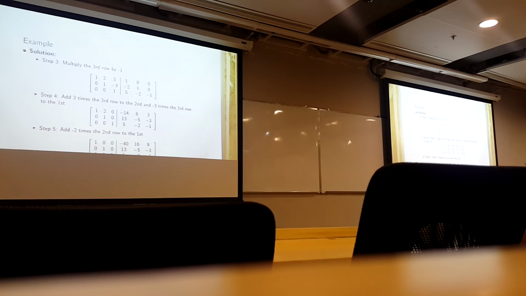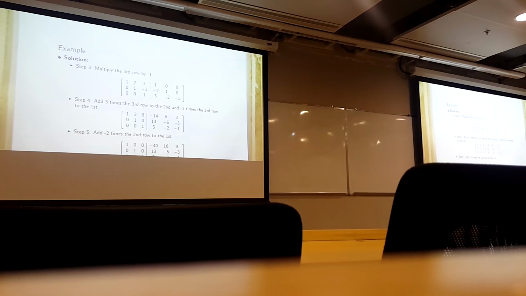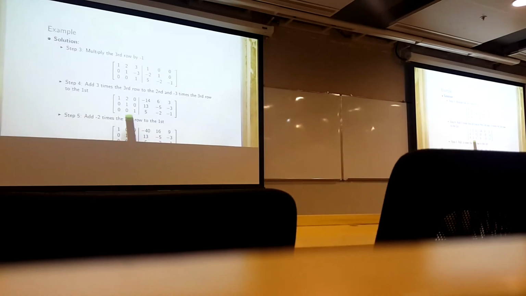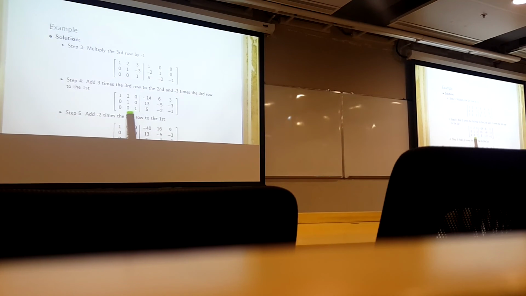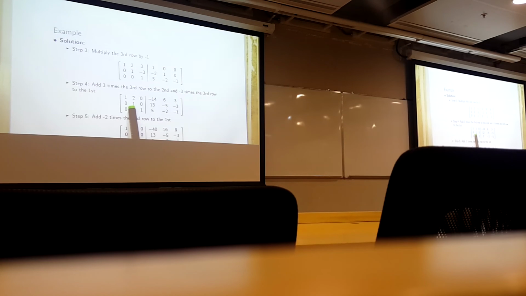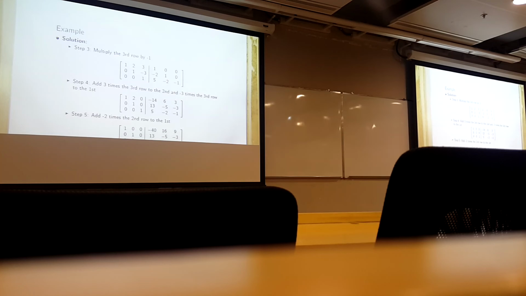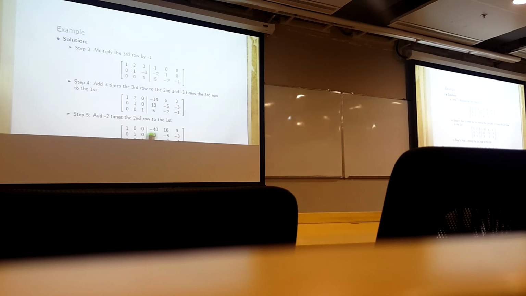Now, whenever you find any situation where the left-hand side of any row is all 0, it means that the inverse does not exist. No matter what is on the right-hand side, so long as you get the left-hand side all 0 in any of the rows, it means the inverse does not exist.